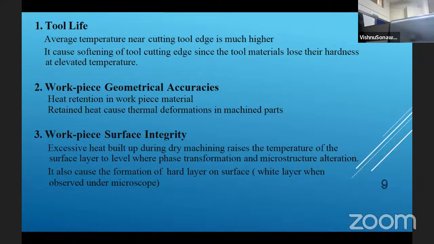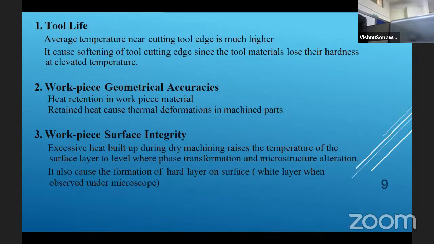and it will cause the formation of a hard layer on the surface. Here, this hard layer, that is the white layer, will be seen from this machining operation. Why is it this white layer and hard layer?